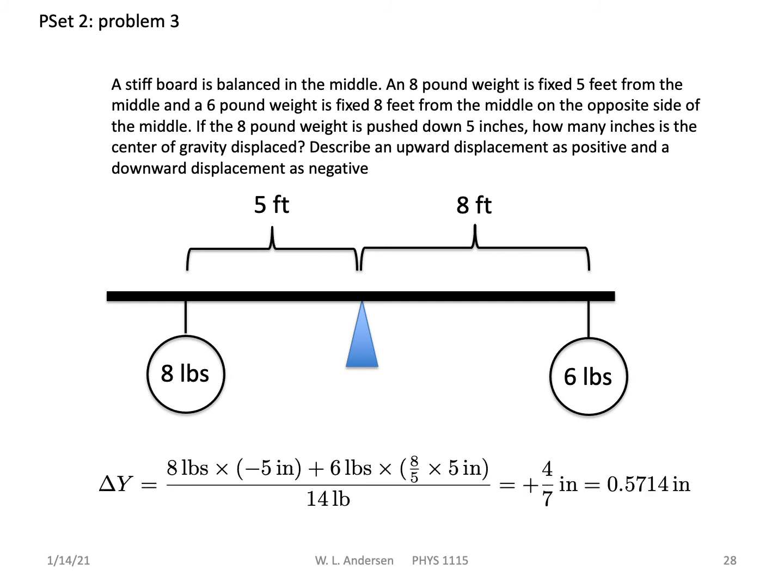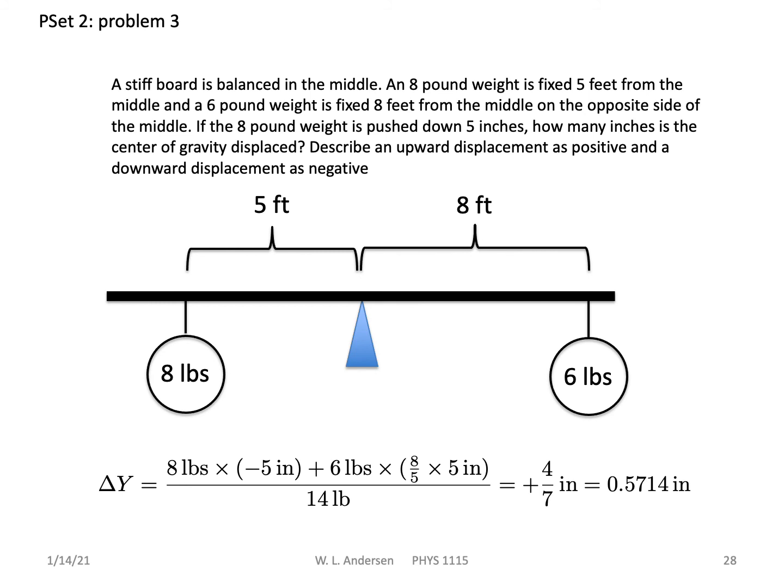The weighted average of the change: 8 pounds times negative 5 inches, since 8 pounds is going down, plus 6 pounds times the altitude change of the 6-pound weight, but that's not going to equal 5 inches in this case because of the different lengths, 8 and 5. So you can tell it's going to go up more.